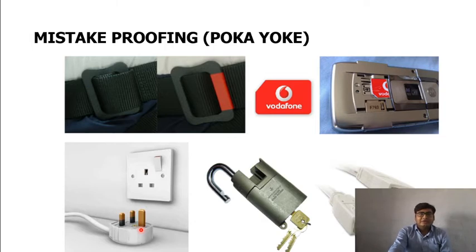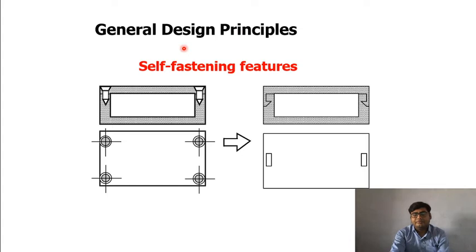While designing, we keep in mind that our design should have some aspect of mistake proofing, so that the operator, in a hurry, cannot make any mistake, because it will not be possible. And there are many ways we can achieve this mistake proofing. That we will see in a bit.